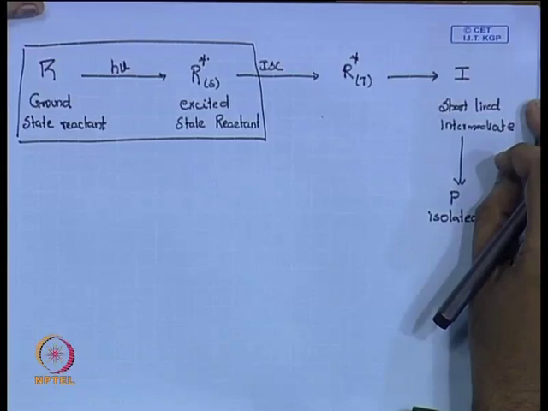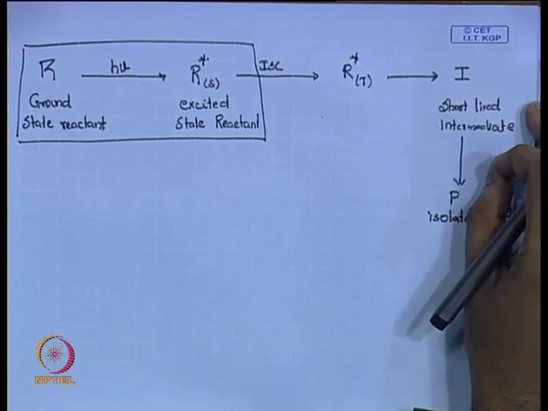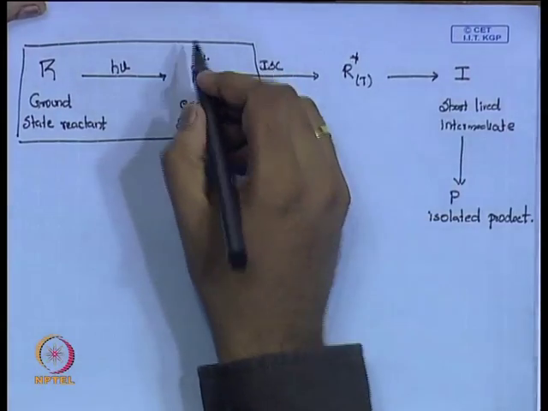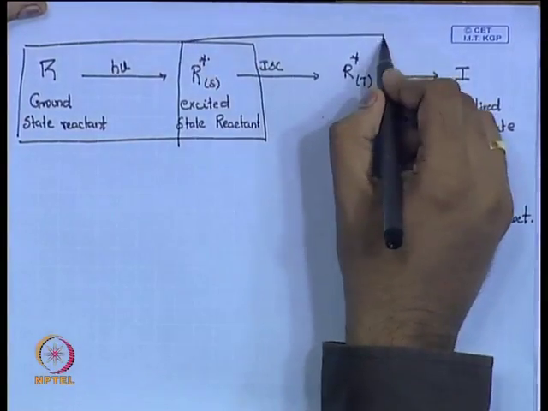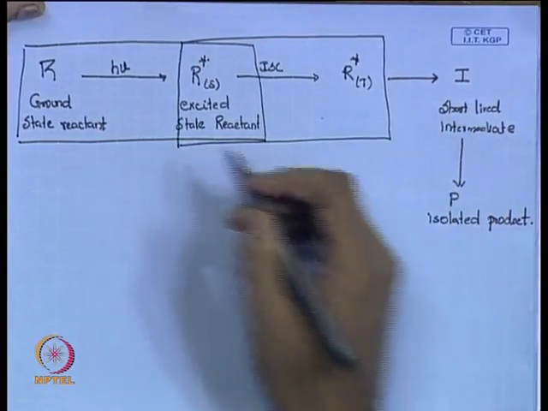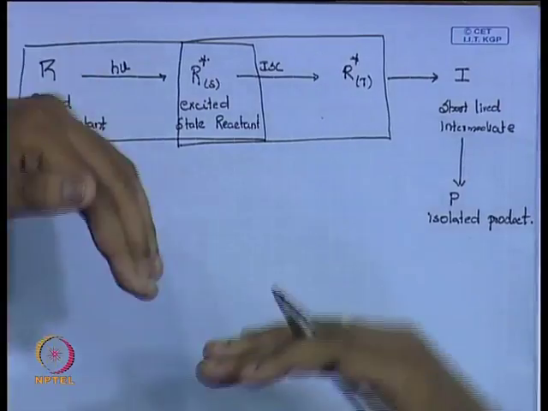Now, what we will do is put a little bit of insight into how this R star gets into R star triplet. We will try to understand the energy levels of the singlet and the energy levels of the triplet, and what is going to govern why this molecule has to go from singlet to triplet.